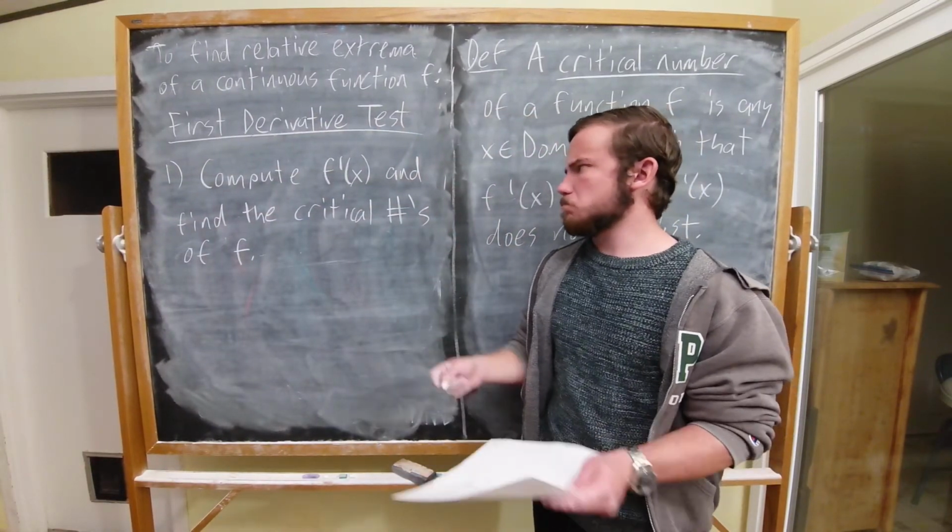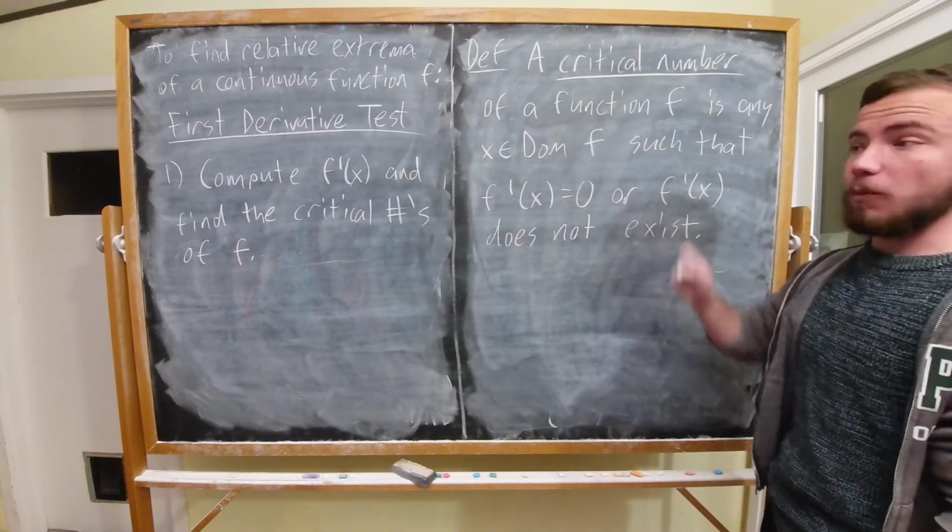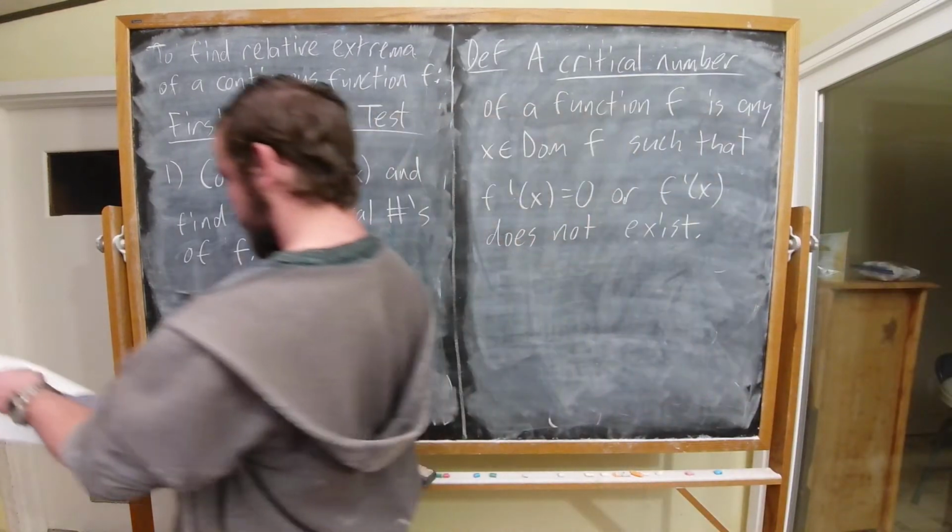Easy enough to do. Compute a derivative, find where it's equal to 0 or where it doesn't exist.